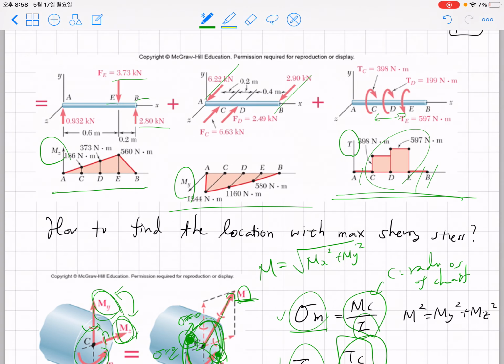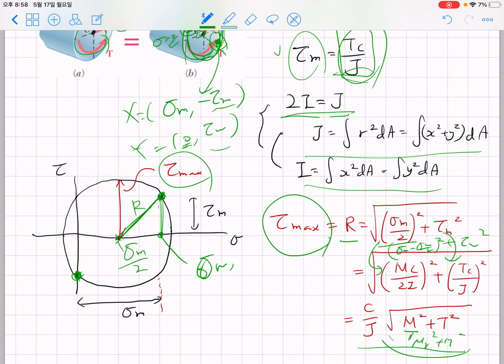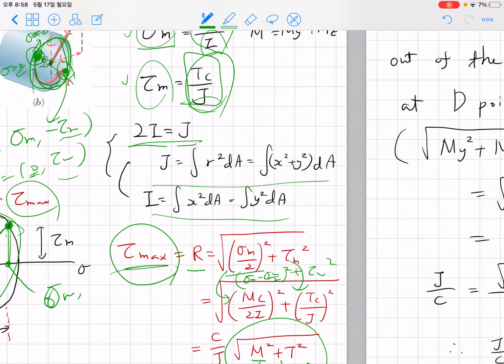So you can identify for each position A, C, D, E, B, you can compute this value and see where this tau max occurs, or where the radius of the Mohr circle is the largest.